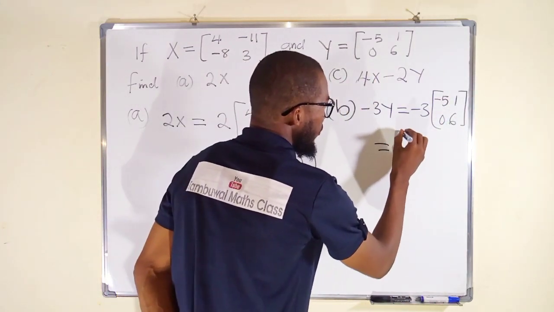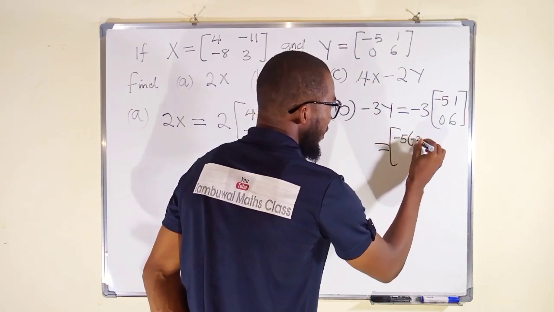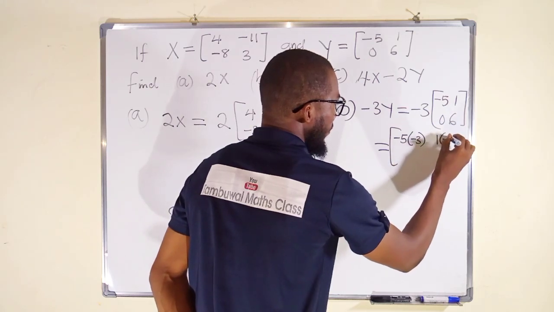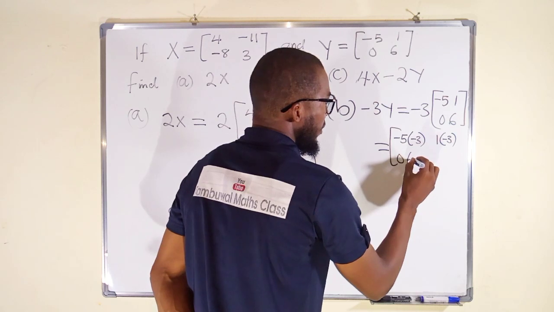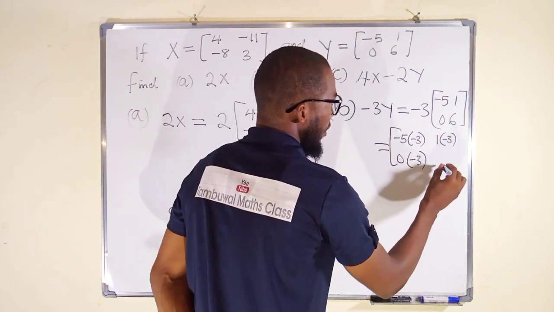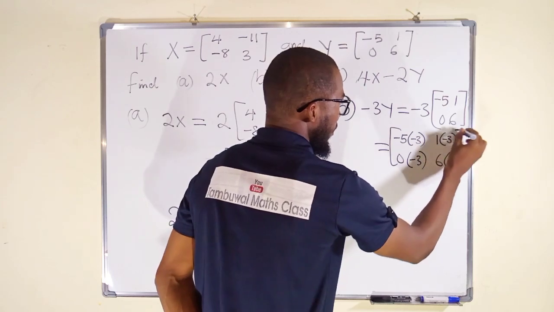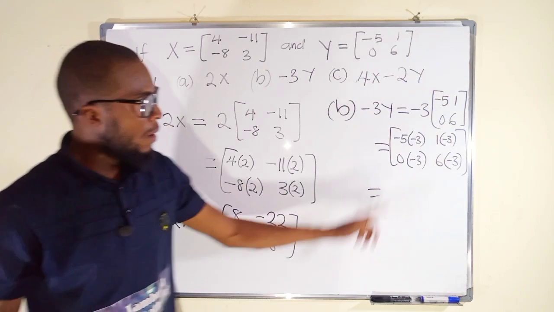This is equal to, we have negative 5 multiplied by negative 3, then positive 1 multiplied by negative 3, 0 multiplied by negative 3, and finally 6 multiplied by negative 3. We simplify and obtain our final answer.